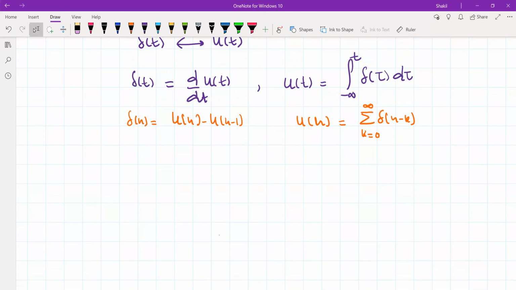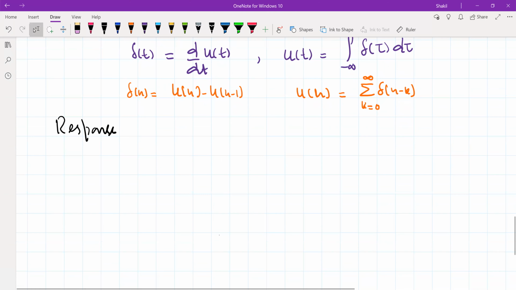In the same way, what is the relationship in terms of responses? Response means when the input is delta of n and u of n. If any one of these two is given, you can calculate the other.